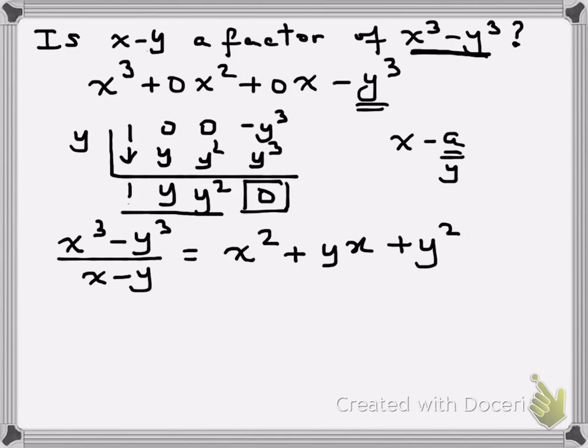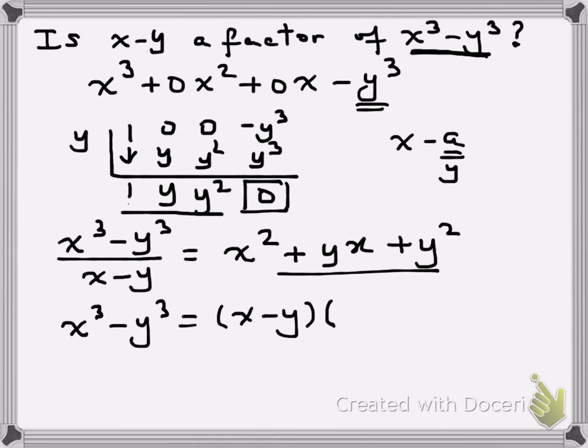But now let's rewrite this in our other form. Let's multiply the x minus y to the other side. What do we have? We have x cubed minus y cubed is equal to x minus y, and now we usually tend to rewrite this expression with the x coming before the y, so x squared plus xy, I can do that since multiplication is commutative, plus y squared.